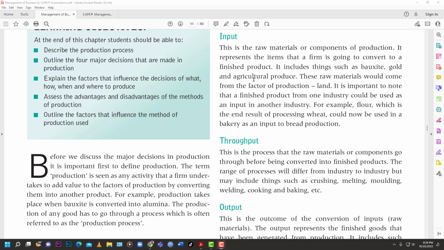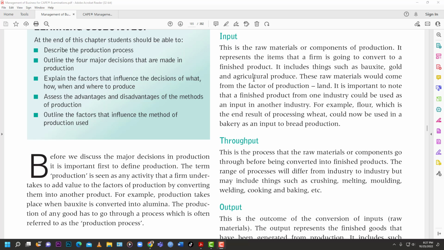Then the throughput would be the baking process, or the frying process, or the blanching process, or the synthesizing process, as I said before, or the fermentation process, whatever process they use, and that would then become the output.